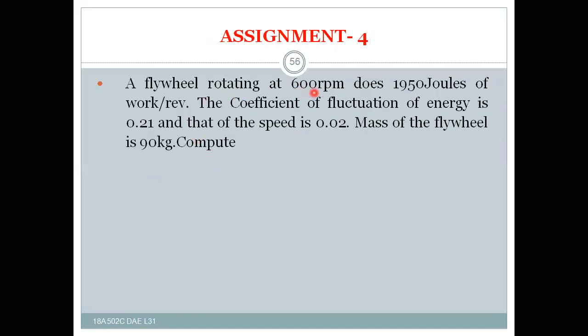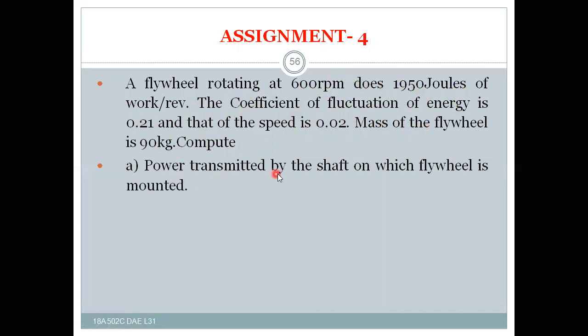A flywheel rotating at 600 rpm does 1950 joules of work per revolution. The coefficient of fluctuation of energy, Ke, is given for us, and the coefficient of fluctuation of speed, Ks, is also given for us, and the mass of the flywheel is 90 kg, also given for us. Then you have to calculate the power transmitted by the shaft on which the flywheel is mounted.